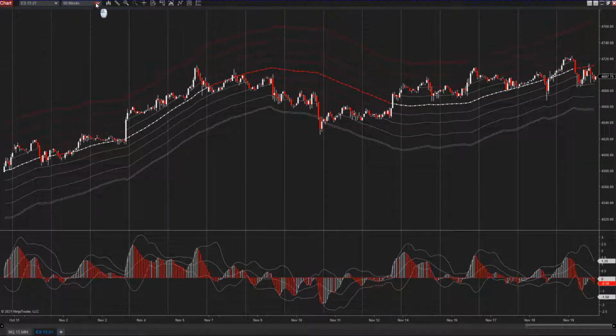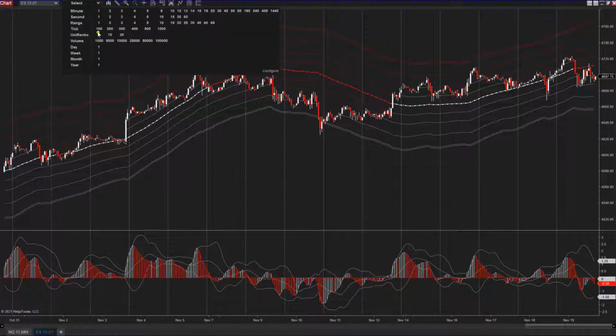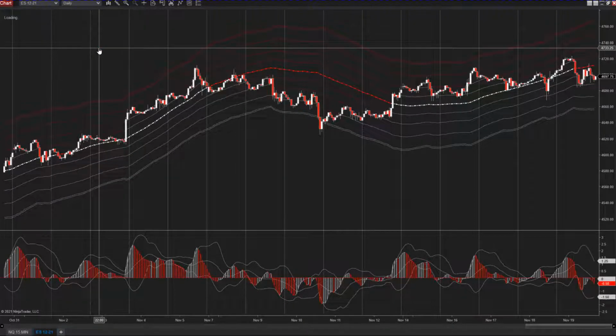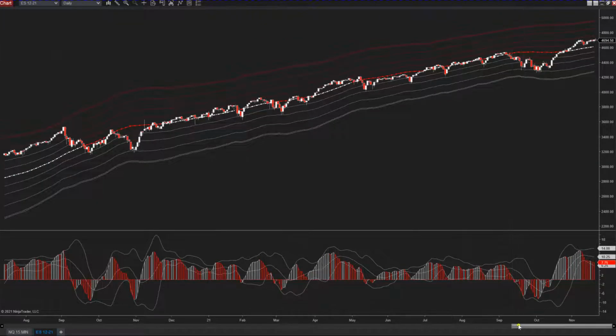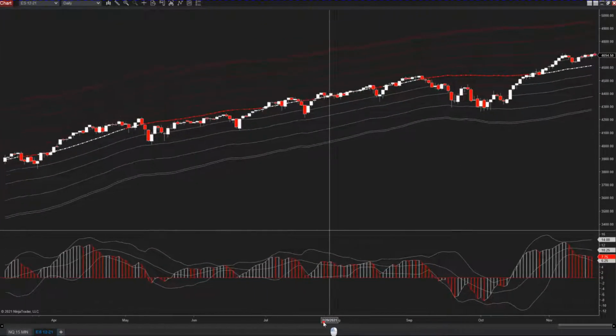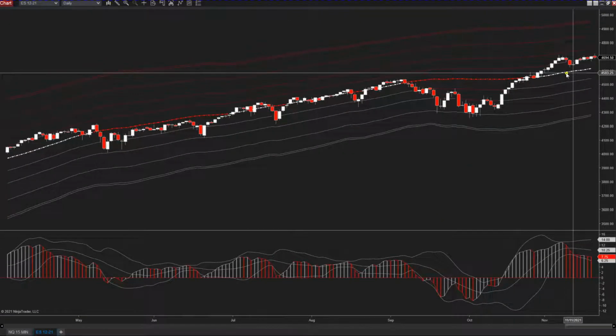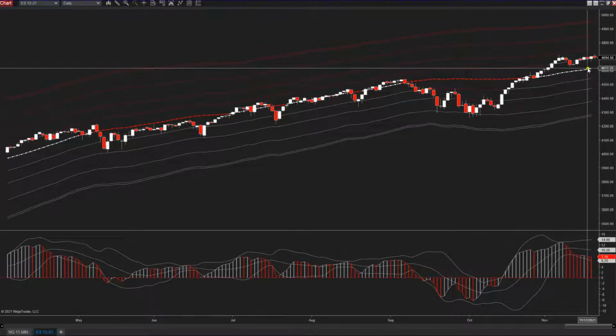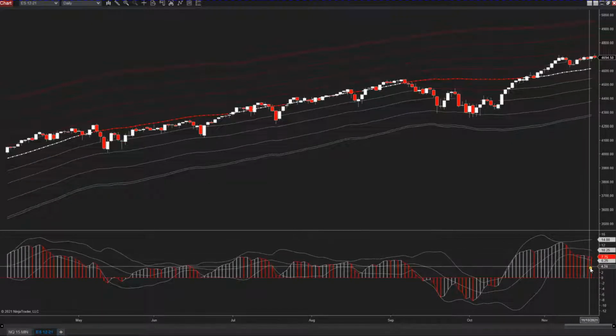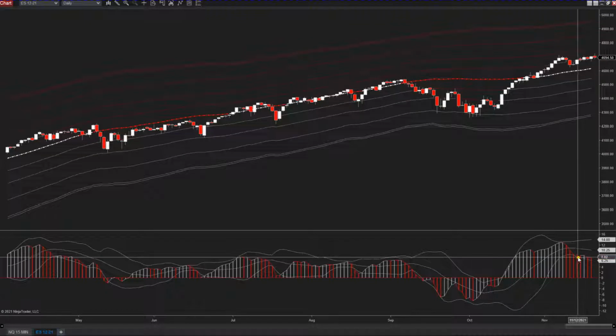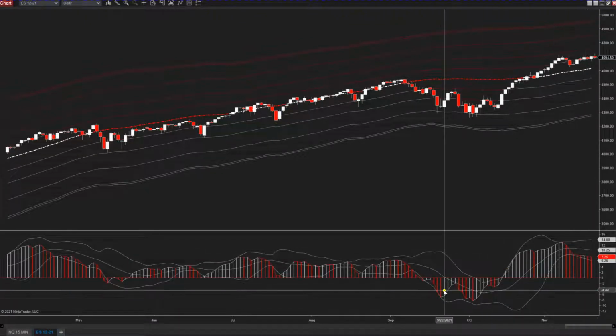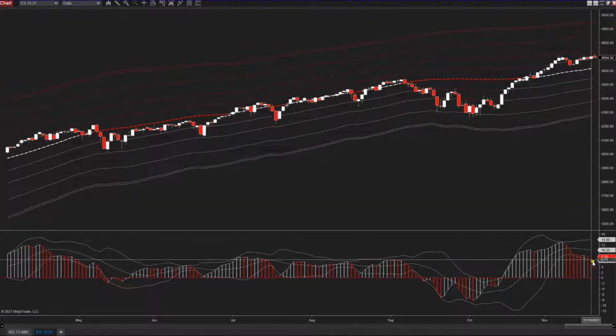In fact, if you would like to see the daily, we can look at that. And you can see that we have several things going on. We're above the 1, but momentum has rolled over below the Bollinger, and it actually broke below the lower Bollinger, but it's still inside the bottom Bollinger, but moving like it's rolling over.